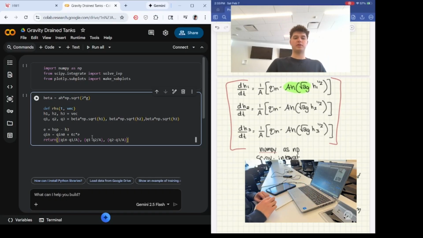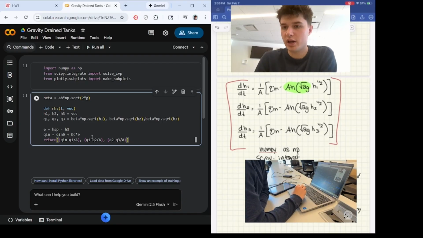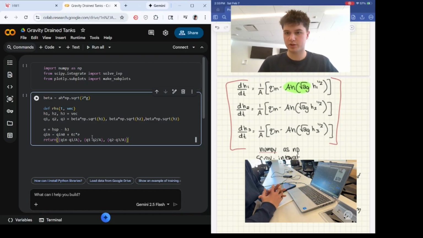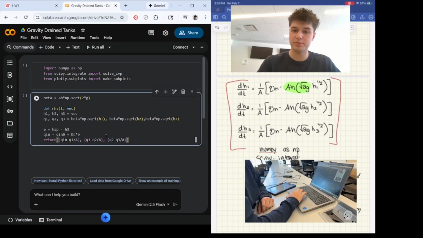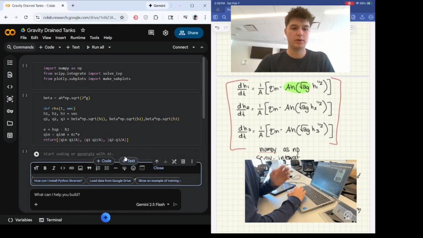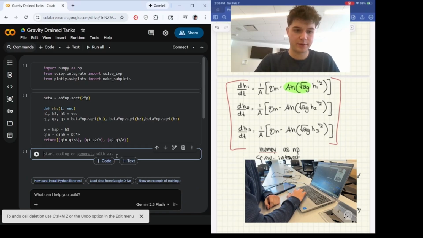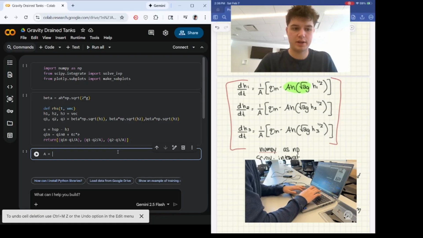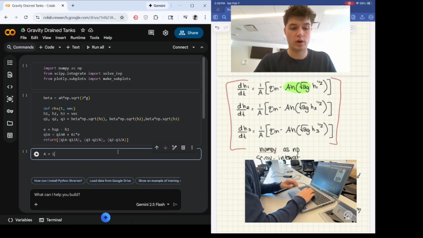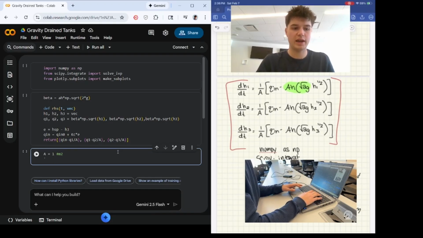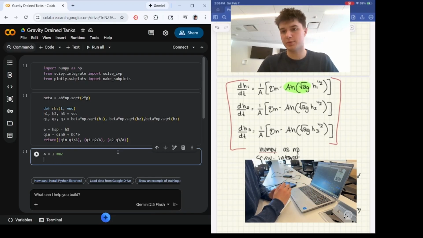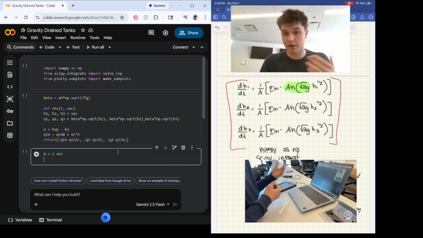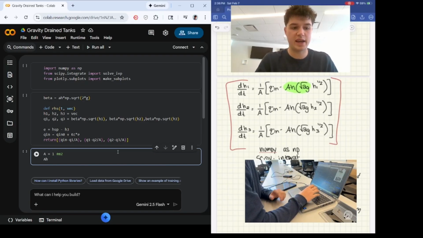So now that we have all of these set, we can go in and start assigning some of the variables with the numeric values that were given in the problem statement, and we can start to work from there. So let's define this. First we have our area, and in the problem statement, it is listed as 1 meter squared. Now, we'll also remember the smaller area that it's flowing out of into the next tank, which we listed as AH.